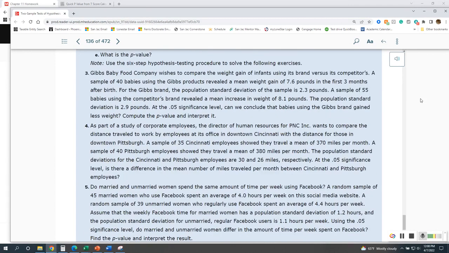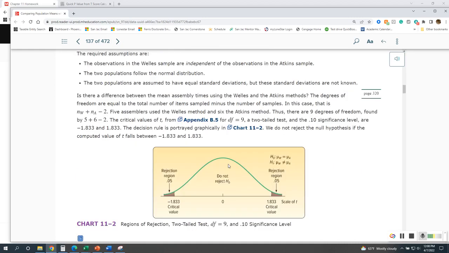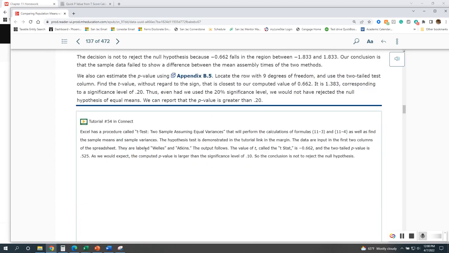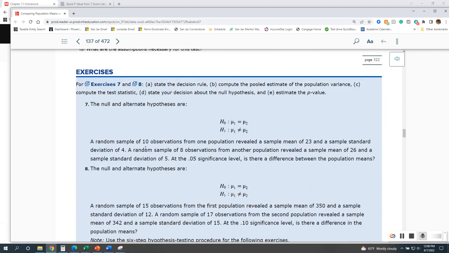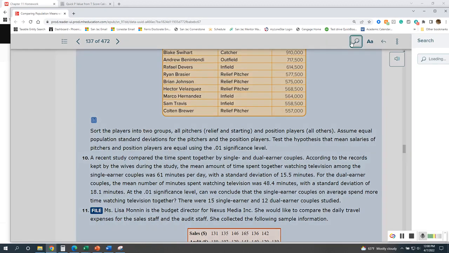Because I think that's what they're doing no matter what, is telling you to calculate the p-value using statistical software or a calculator. Actually, we're going to search the book.